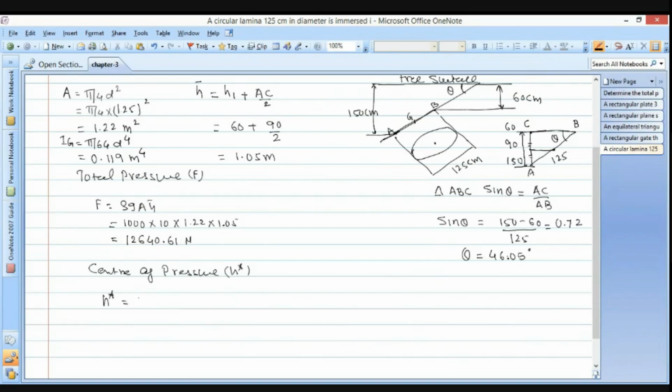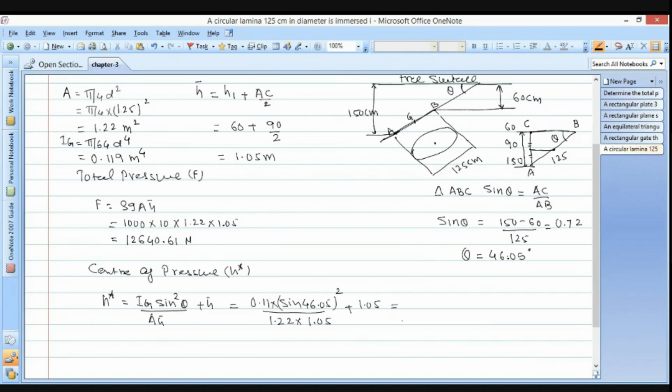And for the center of pressure, which is h star, for the inclined case we know h star equals Ig sine square theta divided by A h bar, plus h bar. So Ig is 0.119 into sine 46.05 whole squared, divided by the area 1.22 into the height of the center of gravity, 1.05, plus 1.05.